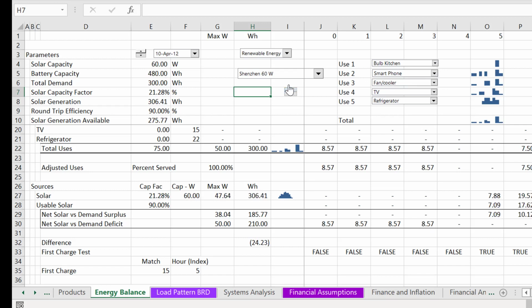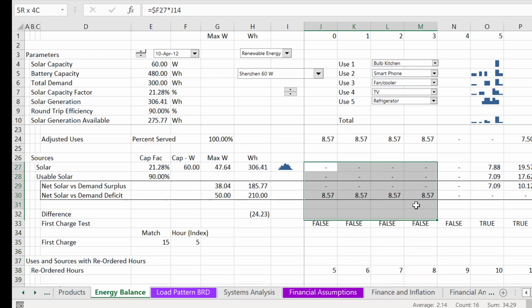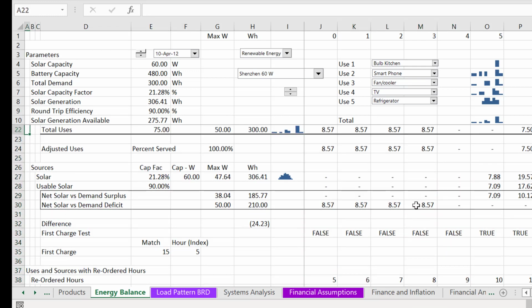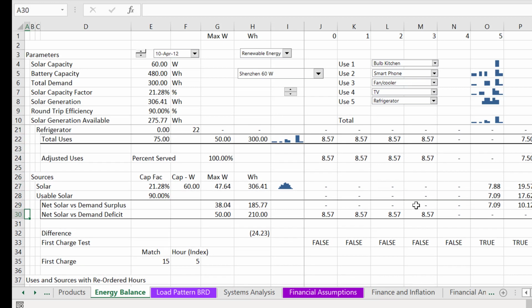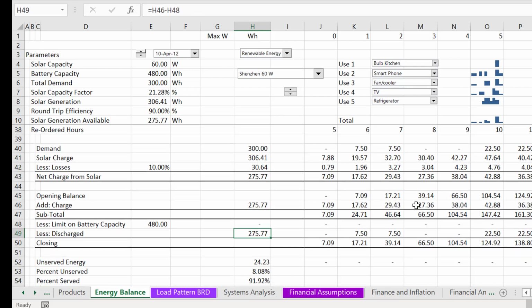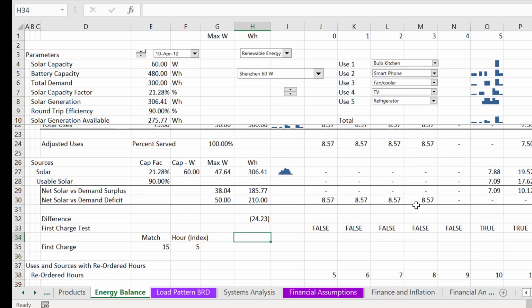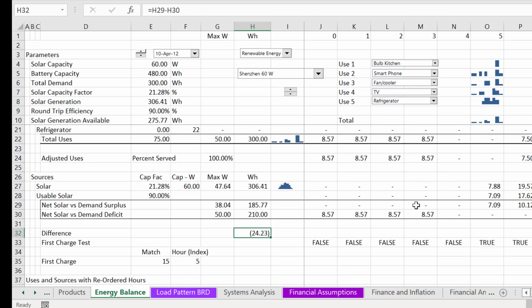I'm going to get this true false colored, but I better tell you what it is first. So far, this shows you that here's our surplus and here's our deficit. We know we're not going to be able to meet this demand. We're going to have a 24 deficit, but our 24 deficit might not exactly be that, because as we go through the charging and the discharging, it might not be exactly the same.